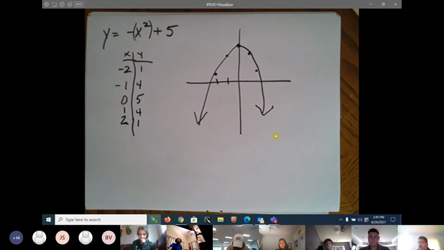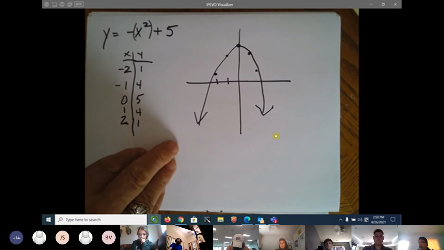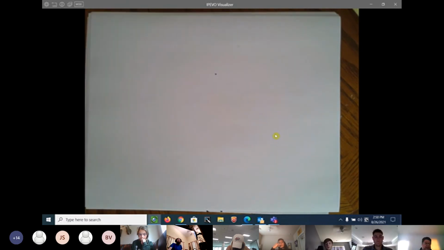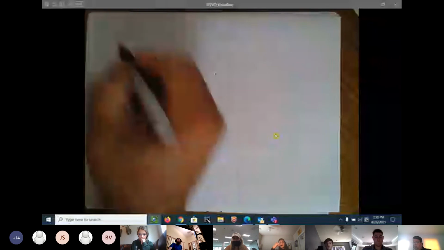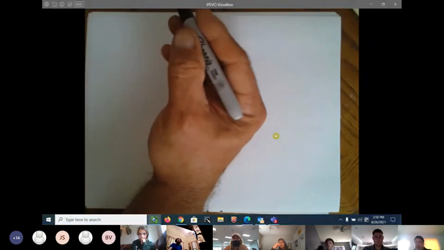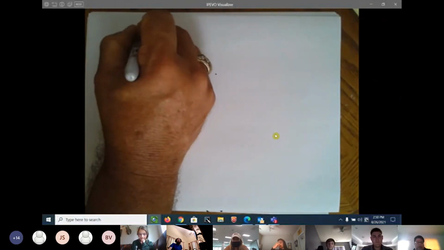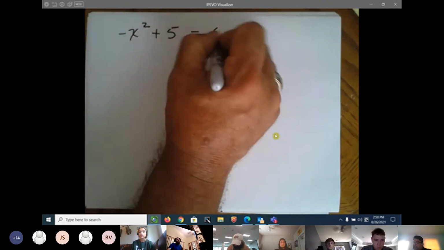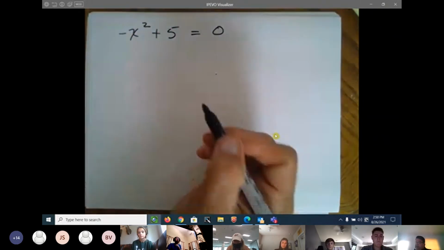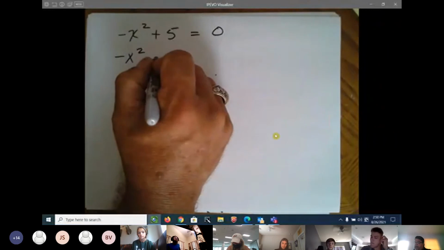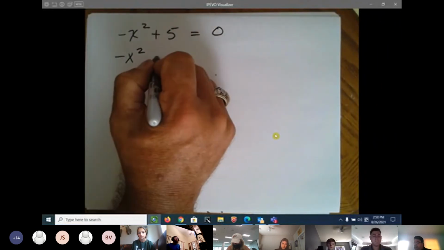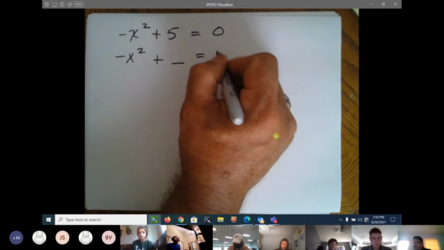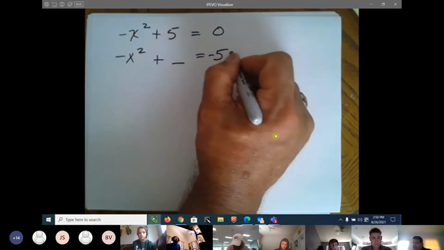That's why it's good to come back with, and now I know y'all gonna hate this, completing the square, because completing the square would have called it negative x squared plus 5 is equal to 0. Negative x squared plus blank is equal to negative 5 plus blank.